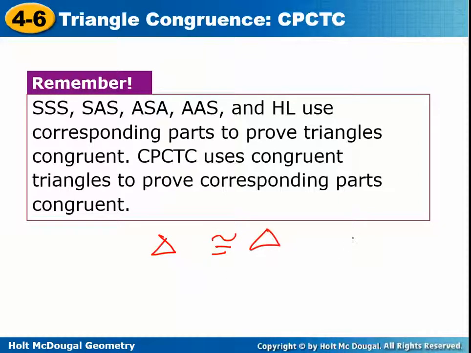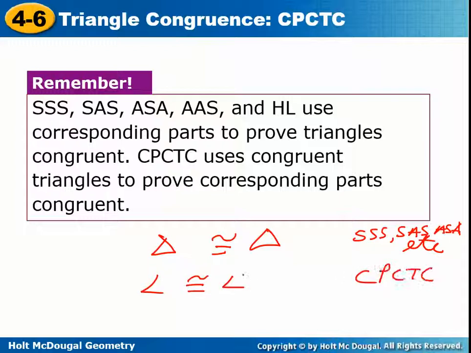So if you say 2 triangles are congruent by any of the methods that we've worked with, all of those different ones, then the next step would be to say that maybe an angle is congruent to an angle. Or maybe you would say that a side is congruent to another side. That's when you would use CPCTC, after you prove that the triangles are congruent.